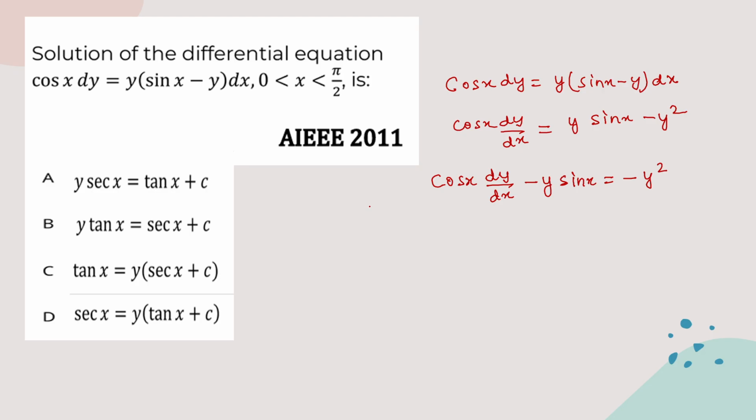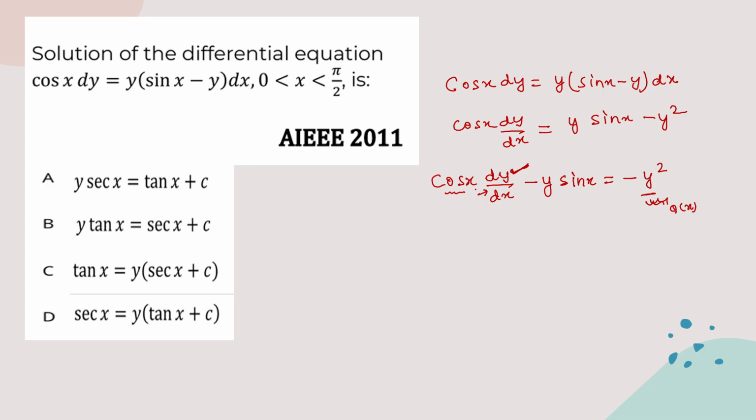Now can you see that this is the exact same format which we have just discussed in the Bernoulli equation? Since it is a dy by dx function, the right side should be a function of x only, but instead y square is given. So we have to free that. And dy by dx is also given with the cos x function.